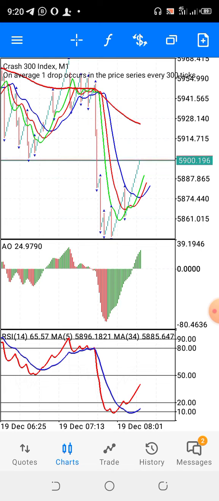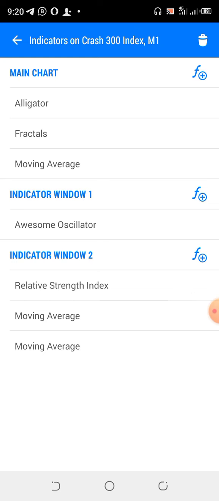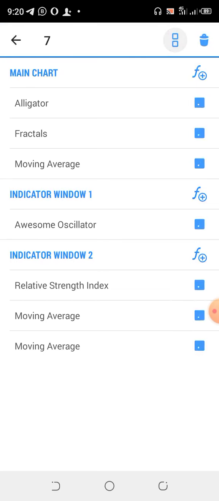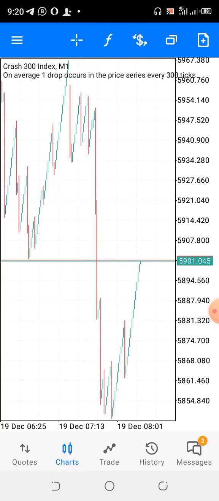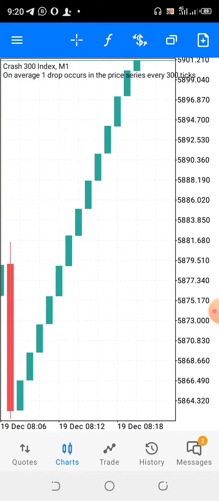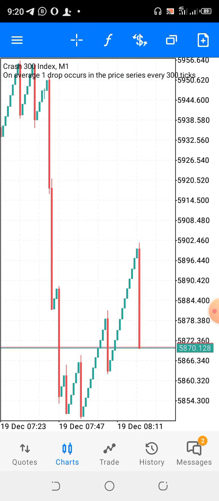So let me remove everything, so that I can add it together with you. It will be easier for you to follow me and see how this strategy works from the beginning. All right, so please follow this strategy, because I'm going to help you place your trade once in a while.